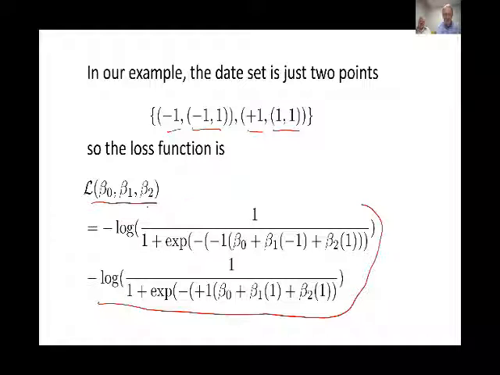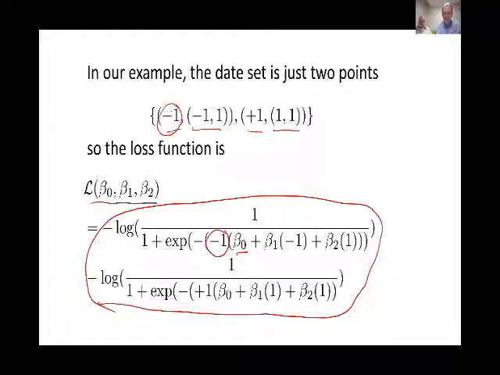It's minus, and then we have the label here for the first one, that's -1, times beta 0, which is always there, and then beta 1 times the first coordinate plus beta 2 times the second coordinate.